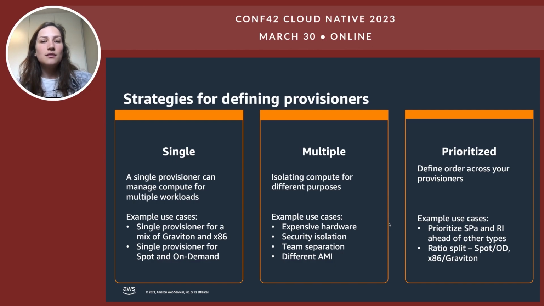If I want to use different configurations, but don't really want to separate between the two configurations, I can allow, for example, running 30% of my deployment on Graviton instances and running all the rest on x86 instances. I can do that with prioritized provisioners and implement a kind of weighting.